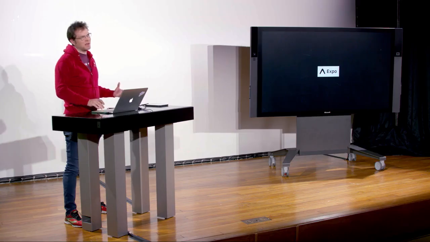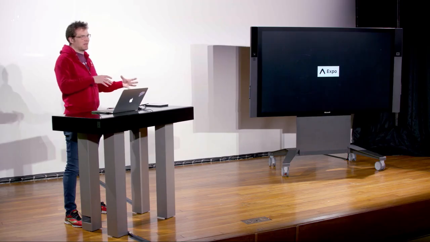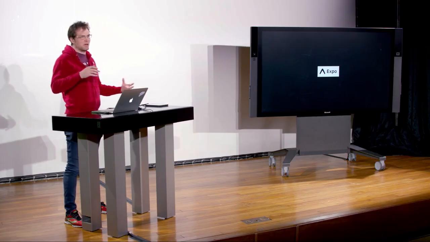And so then, as part of that, what Expo is, secondly, is basically like a standard library of components that let you access basically everything on your phone device through JavaScript, without having to worry about Xcode or Android Studio or libraries like that.